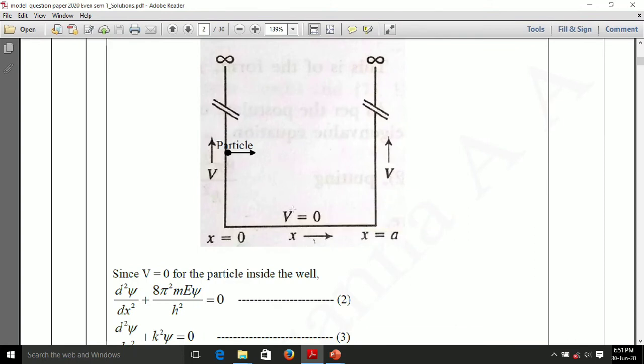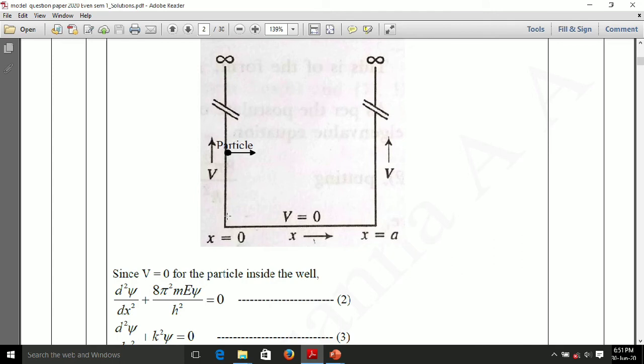The potential energy is 0 and the wave function is not 0, because inside the well, since the particle is present, the wave function cannot be 0. If the particle is free to move within the potential well, then it can have higher kinetic energy, hence the potential energy is ignored and mathematically it is treated as 0.